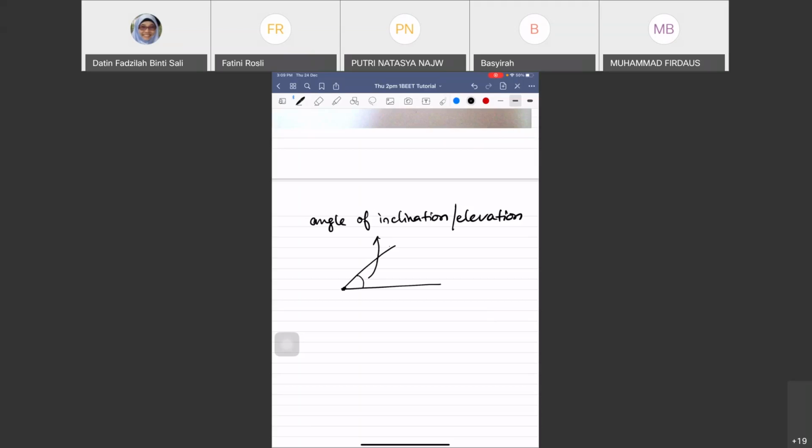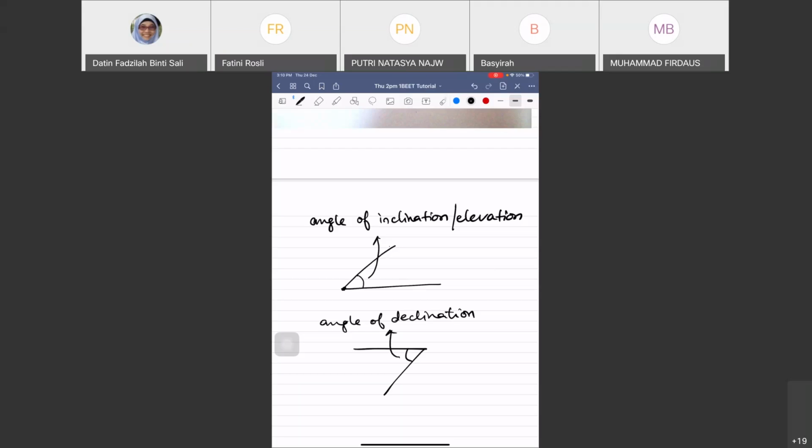Whereas another one is angle of declination. It's like you decline. This is the other way around, from the top looking down, and this is the angle.